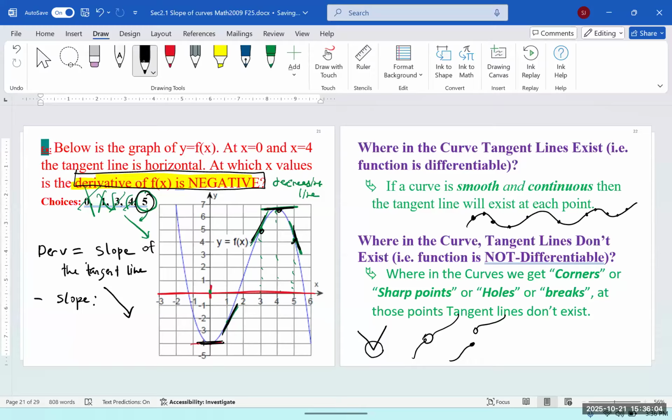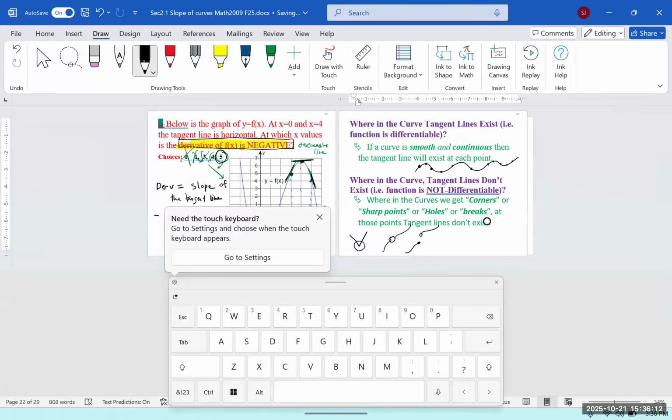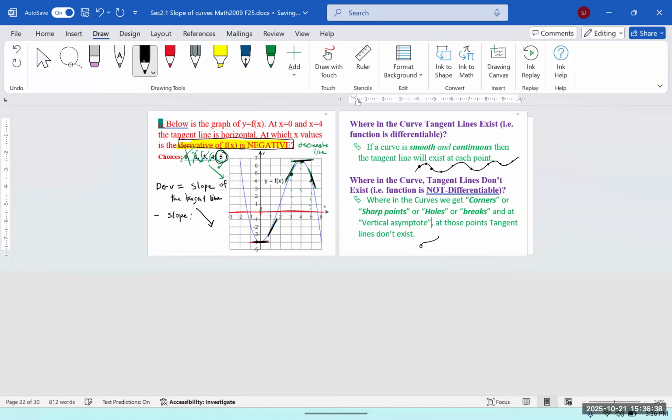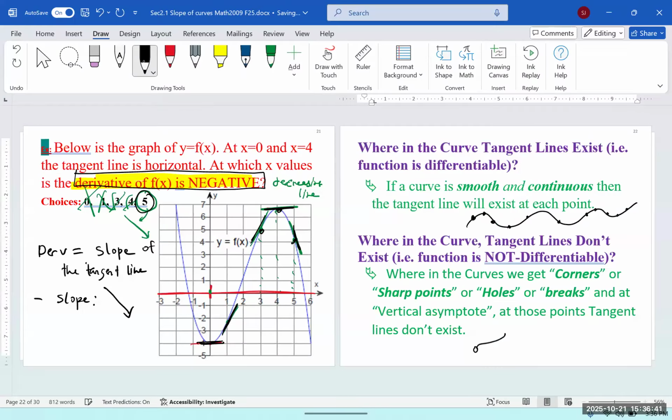And also there is one more, I forgot to put it here. At a vertical asymptote.